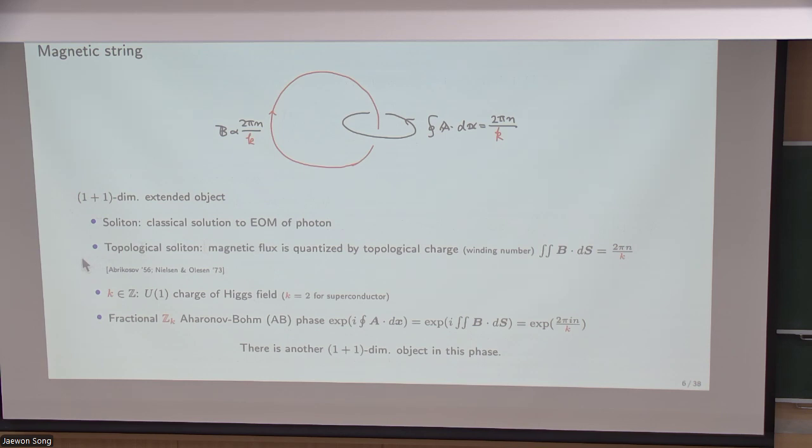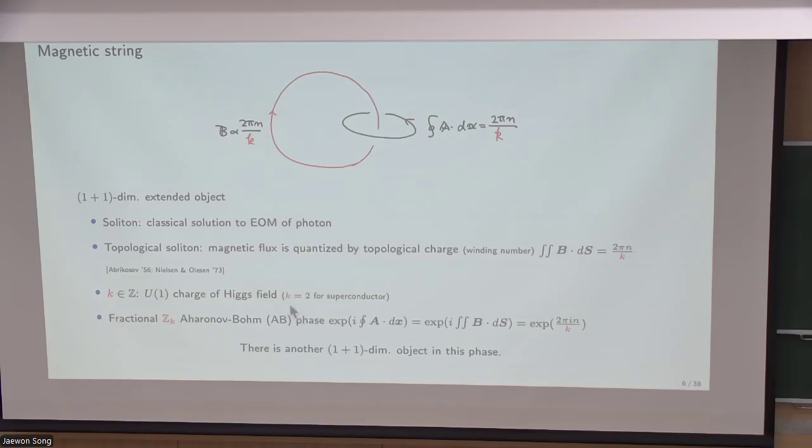So the magnetic flux is quantized by the topological charge. Technically this topological charge is a winding number, but what is important is that the magnetic flux intersecting some surface is quantized by this fraction. And this K in the denominator is an integer, which corresponds to the U(1) charge of the Higgs field.